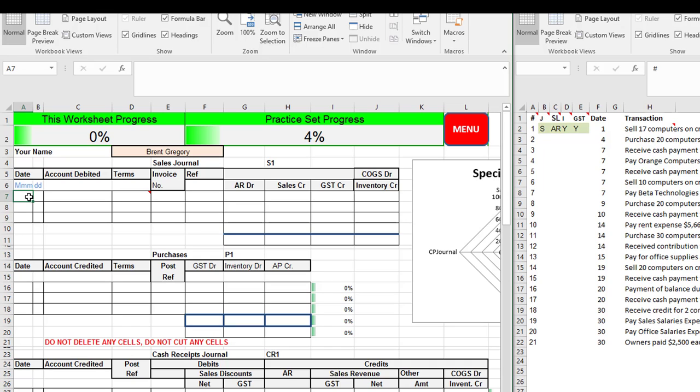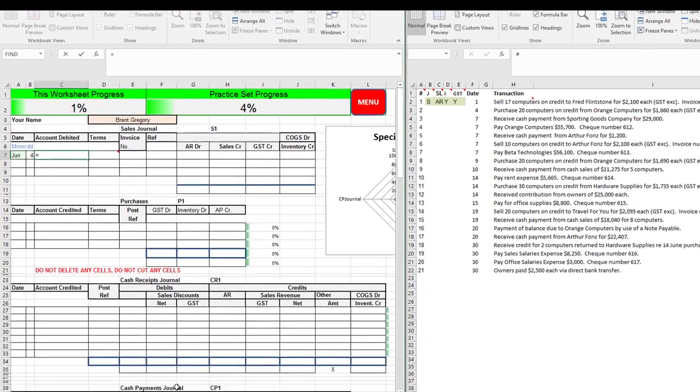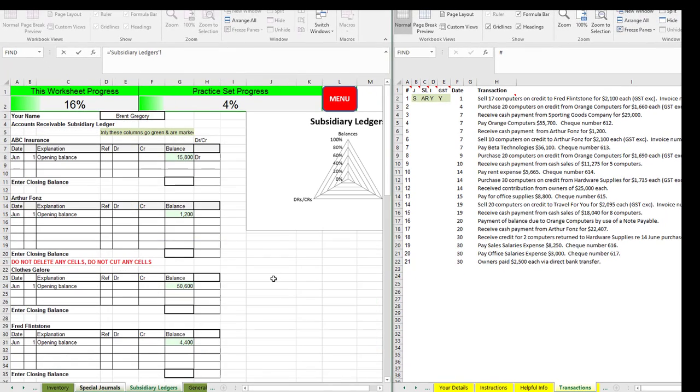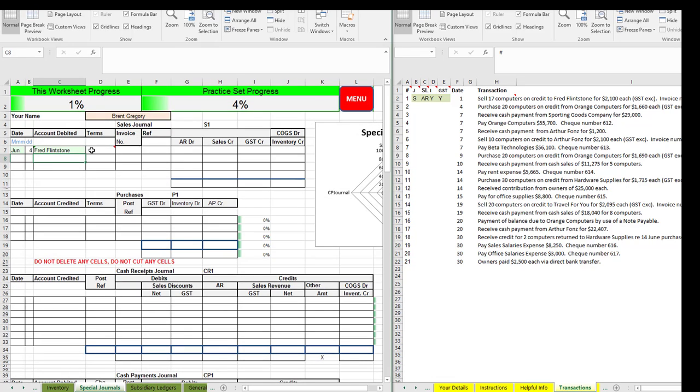The date is Jun 04, and that hasn't gone green either, so I'll have to look at that. The name of the account is Fred Flintstone. If you want to put a direct link in, we could go to the subsidiary ledger, because this is the account we're dealing with, Fred Flintstone, or you could just type Fred Flintstone.